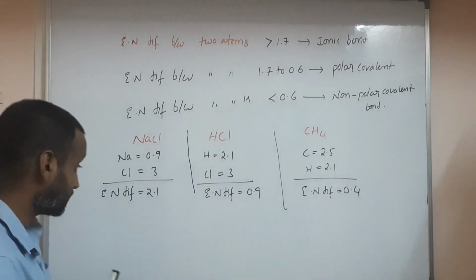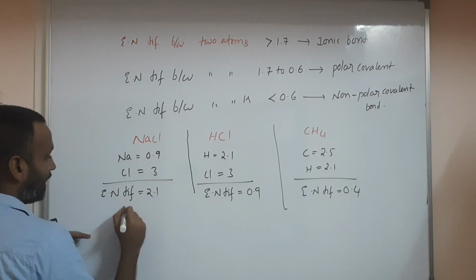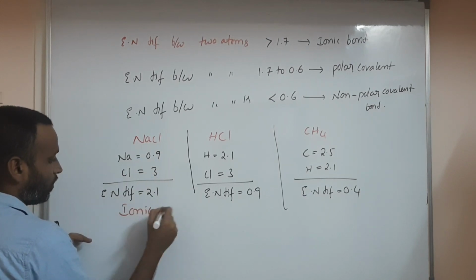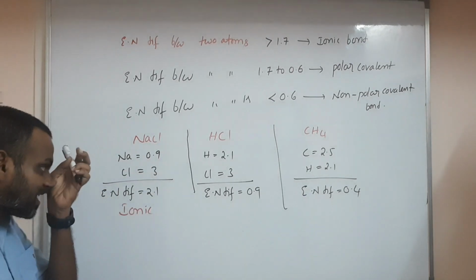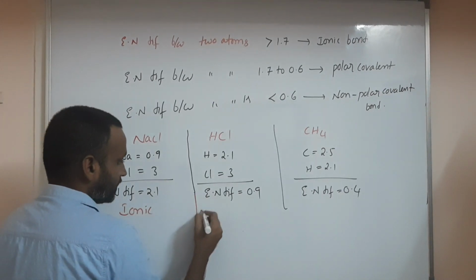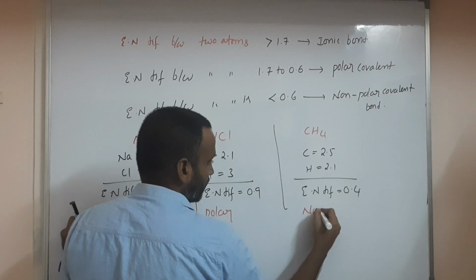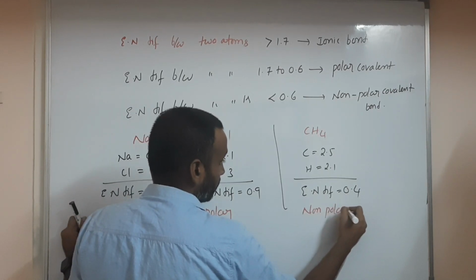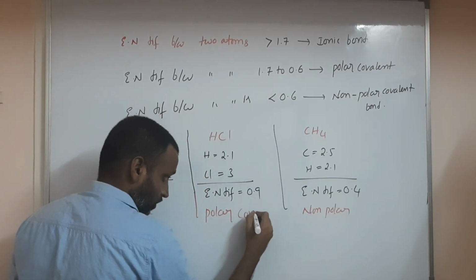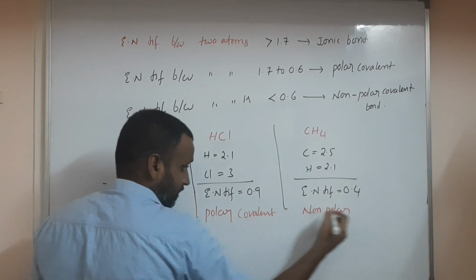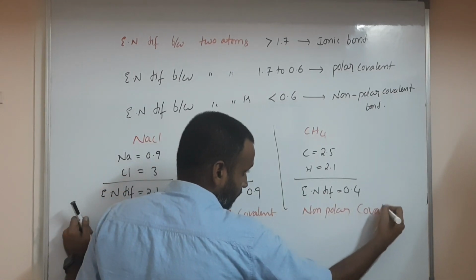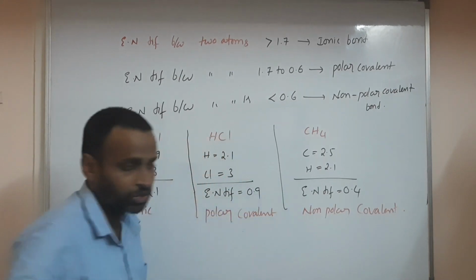So from this you can say NaCl has what nature? Ionic bond, between Na and Cl. And HCl, you can say, is polar. And this you can say is non-polar. Both are covalent only. This is called polar covalent and this is non-polar covalent. Like this we will write.